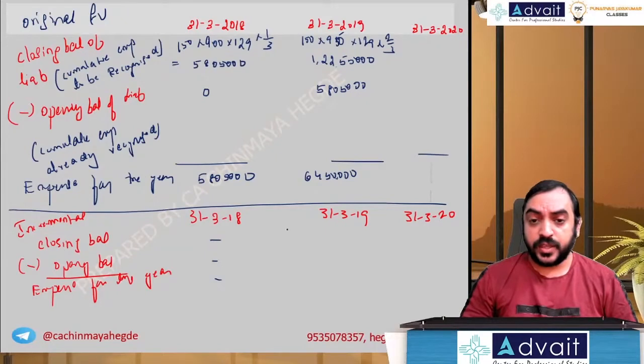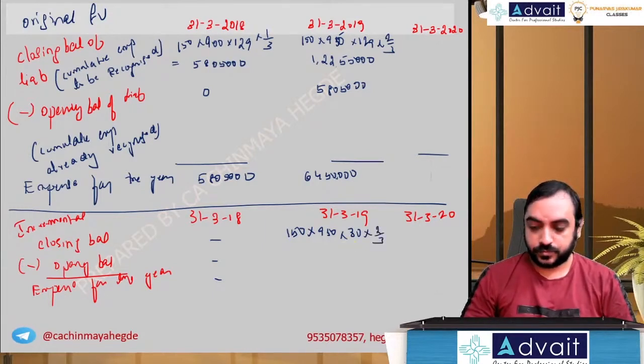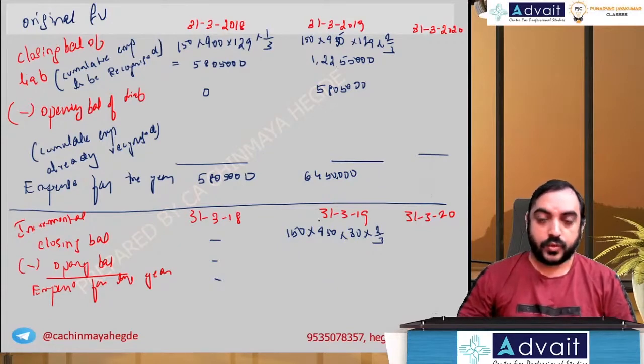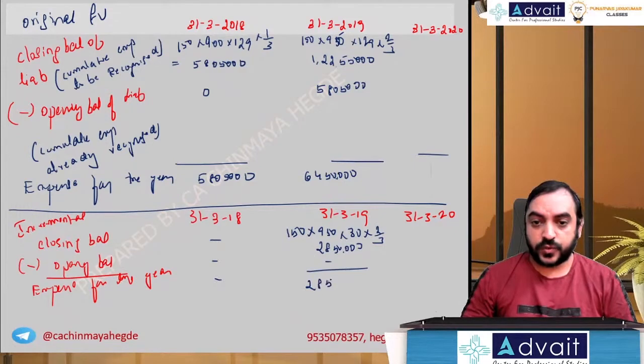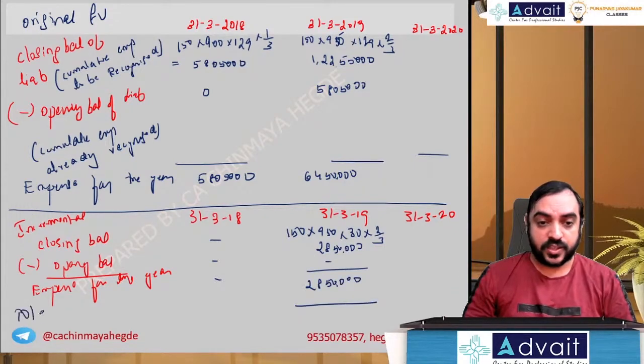So closing balance will be 150 options, 950 employees, 129 you don't take, incremental fair value 30 rupees into 2 by 3, which gives 28,50,000. There is no opening balance, so expense for the year is also 28,50,000. So what will be total expense? 28,50,000 plus 64,50,000.